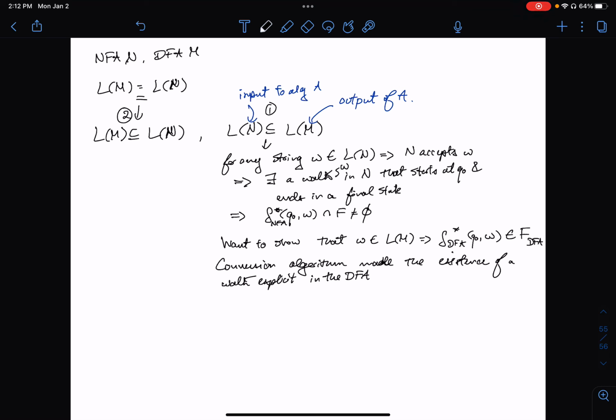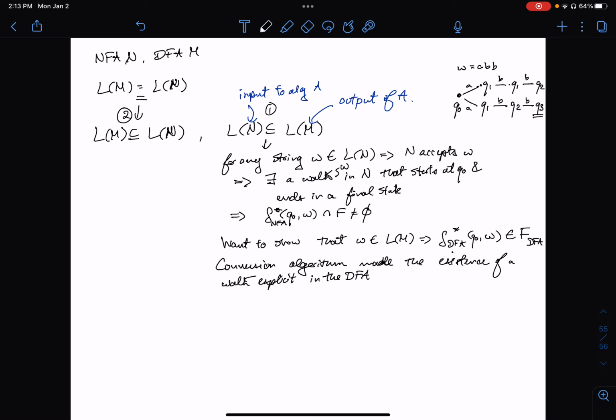So if you remember in the NFA, if you look at an NFA and you try to determine where it's going, maybe you have the string A, B, B. Maybe you could read the A, go to Q1, read the B, go back to Q1, and then read another B and go to Q2. Or maybe what you could also do is read the A, go to Q1, then directly go to Q2, and then go to Q3, let's say. And maybe this is a final state.